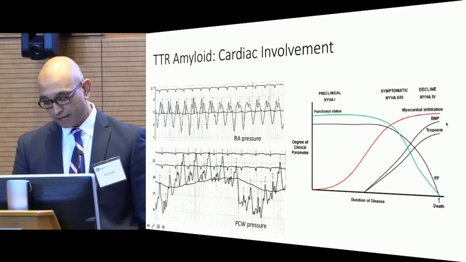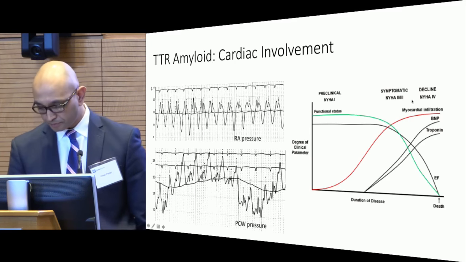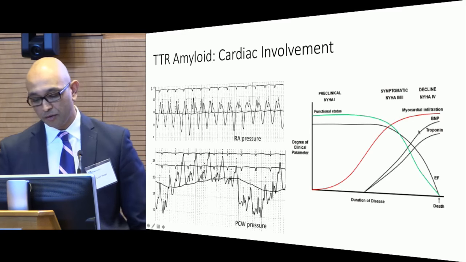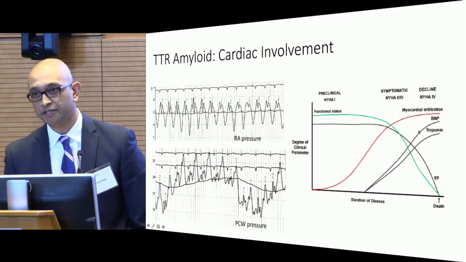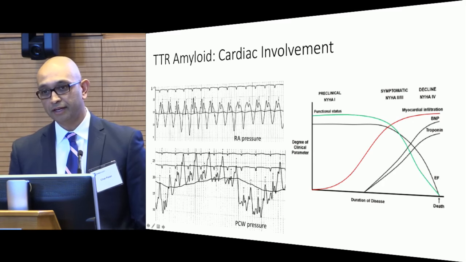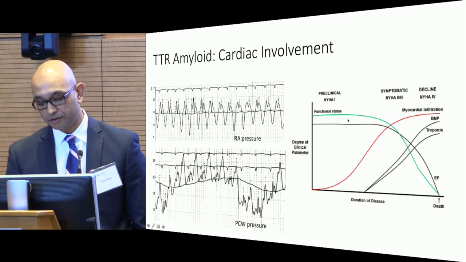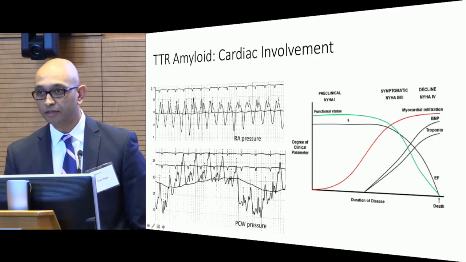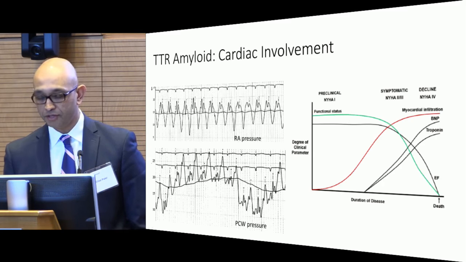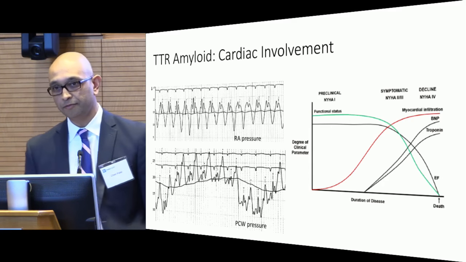So the functional status declines as the amount of myocardial infiltration increases, and we often see patients who are quite symptomatic with New York Heart Association class 3, class 4 symptoms with a declining ejection fraction. It is rare to see these patients with early New York Heart Association class symptoms and without structural effects on the heart that are visualized.